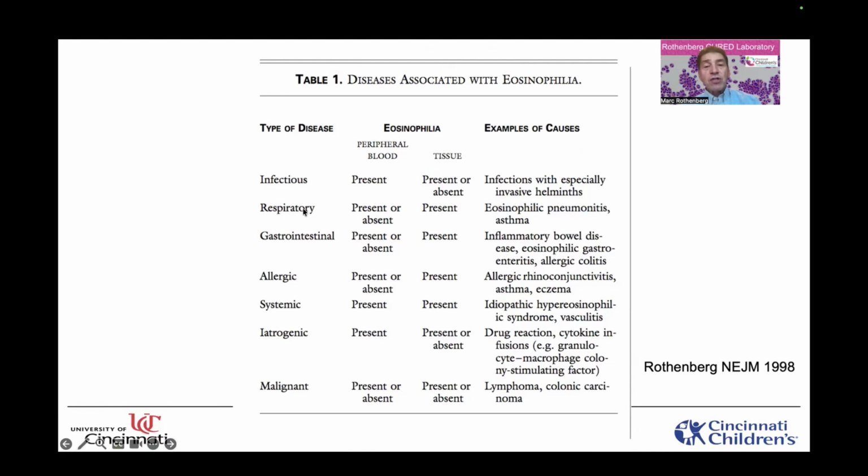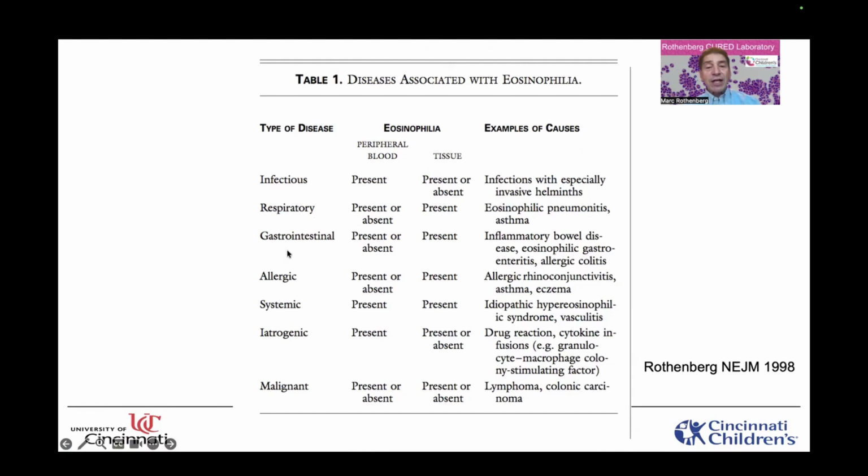In respiratory diseases, eosinophils are typically absent in the blood, but they are by definition present at increased levels in the respiratory tract, such as in the case of eosinophilic pneumonitis or asthma.